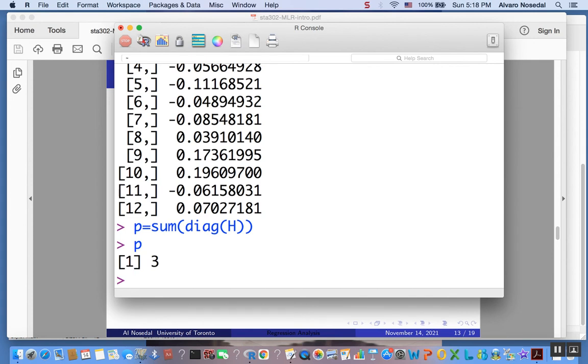Okay, great. Now, what else? We said that we could use the I minus H matrix to get an estimator of sigma squared, the variance. It's here.